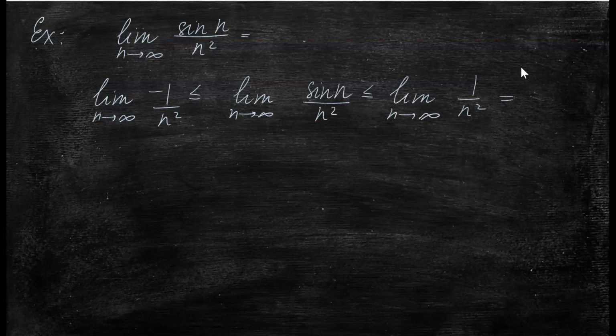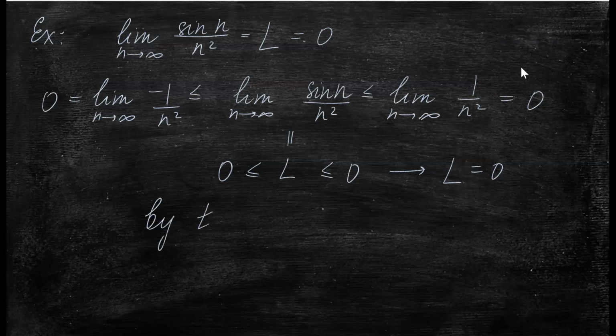And in this case, both limits do exist. So if this limit exists, it will be bounded by 0 on the right and 0 on the left. So the only valid conclusion here is that L, which is the limit of this sequence, is 0. And we call this type of reasoning the squeeze theorem.